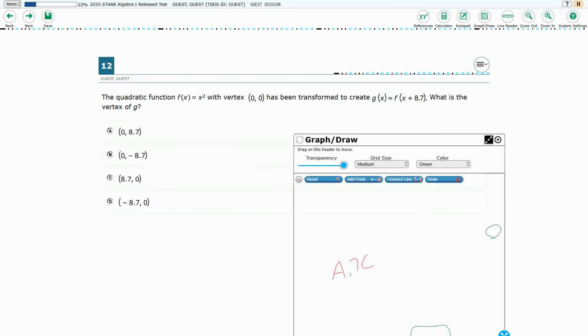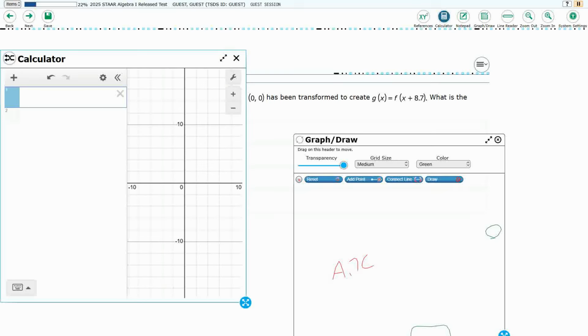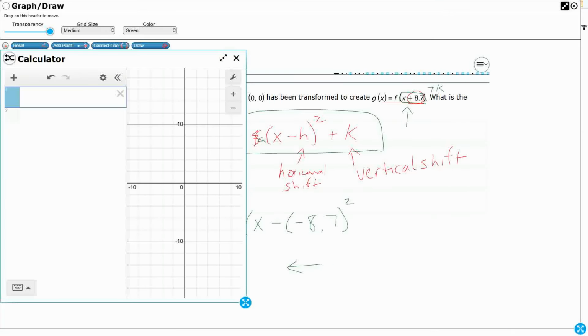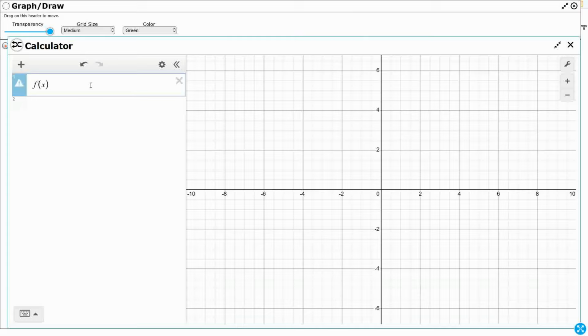Now, if you don't believe me, and if you can't remember all of that, let's graph it, because graphing it also works. I want to first show our parent function. So we're going to do f of x equals x squared. There's your parent function.